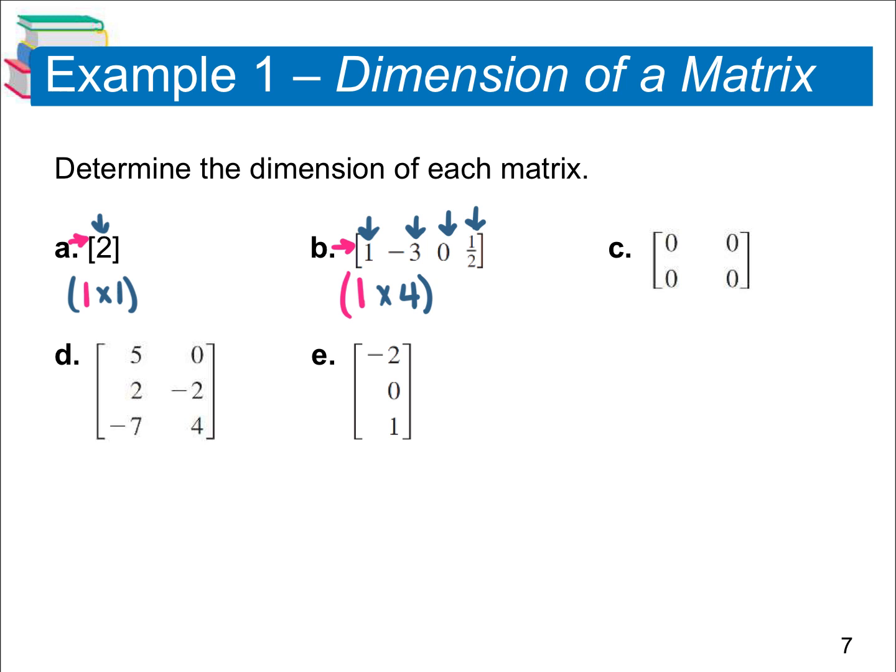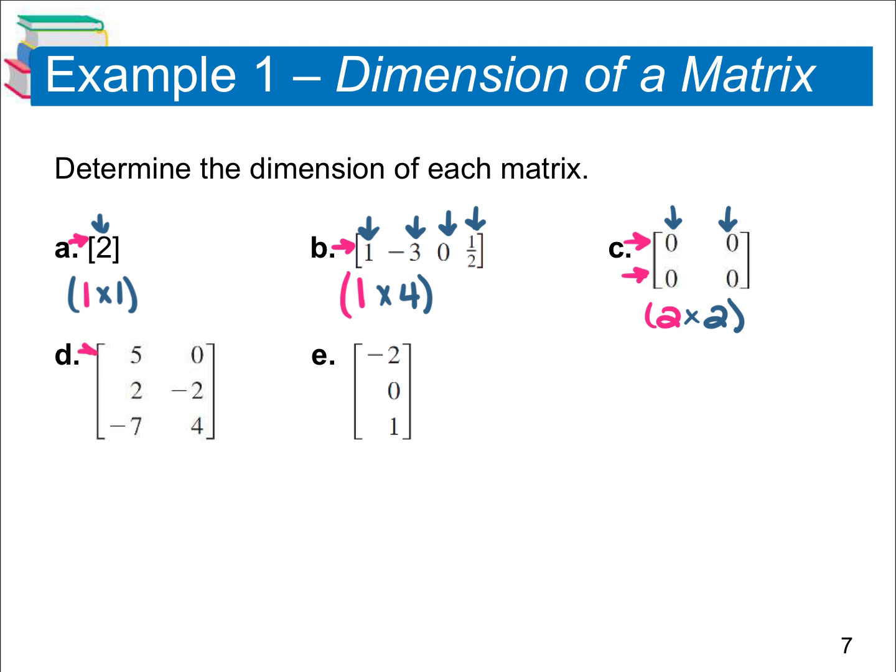For example C, you have the matrix 0, 0, 0, 0. So this one has 2 rows by 2 columns. So this is a 2 by 2. For example D, you have the matrix 5, 0, 2, -2, -7, 4.